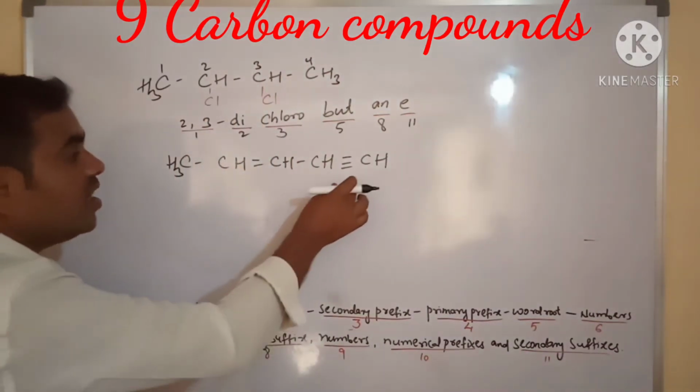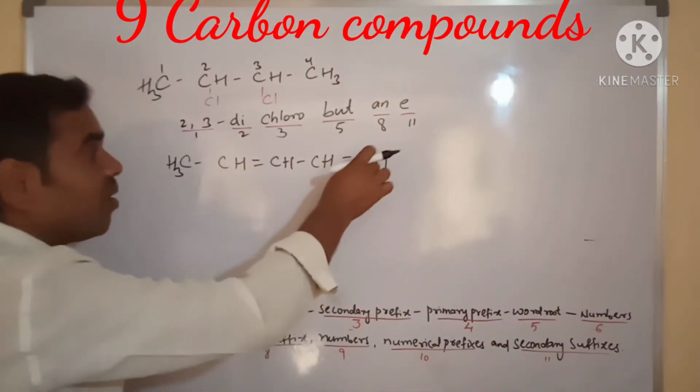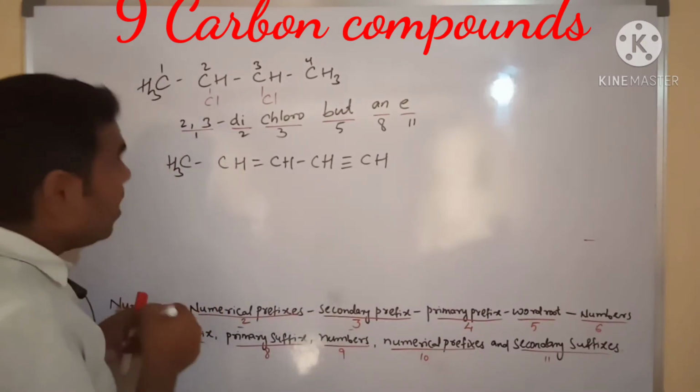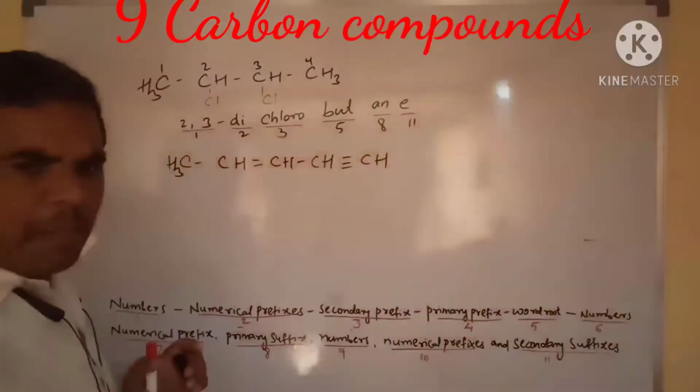See, ये functional groups जो 3 bonds है उसको अपन क्या करना है? Numbering देना है first. Numbering नहीं भूलना है.